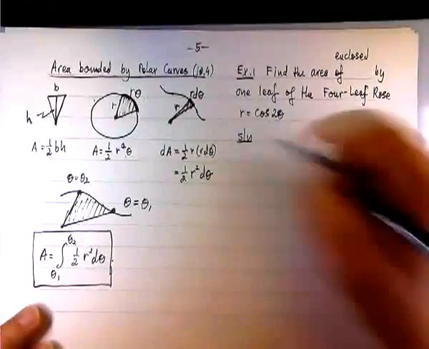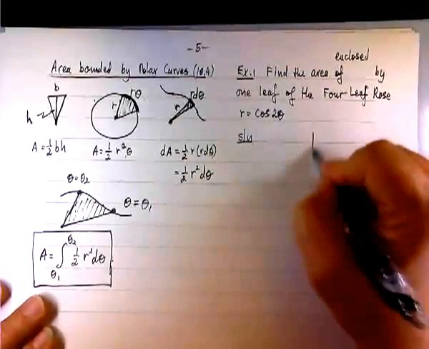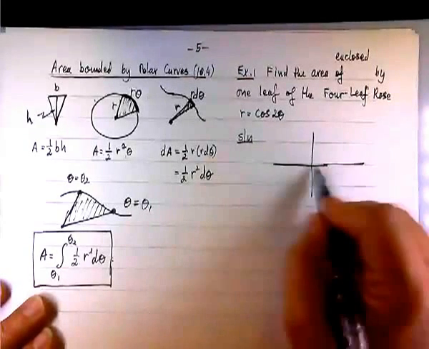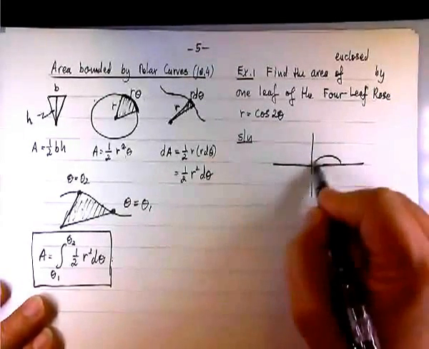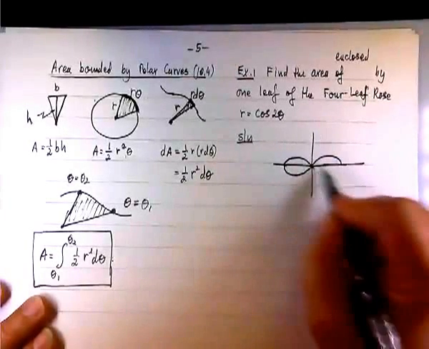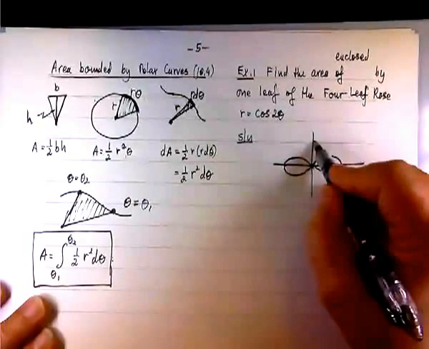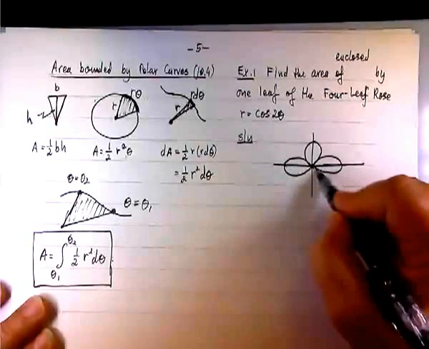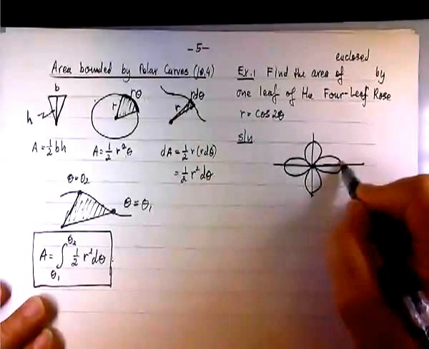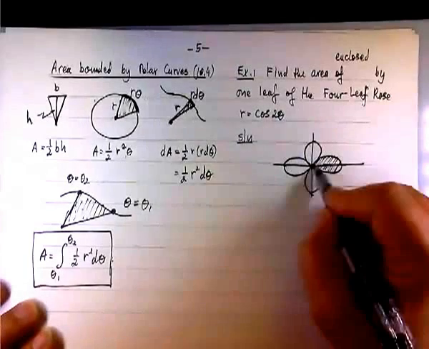Before we jump into the solution, let's draw our rose one more time. It's a good practice. So let's say I want to calculate this area in particular.